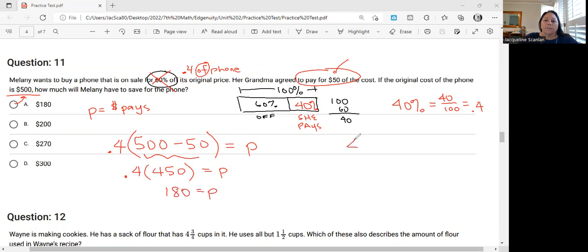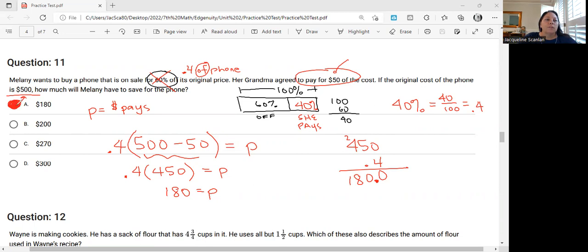I could pull that off to the side and do the math, or use Desmos. 4 times 0 is 0, 4 times 5 is 20, 4 times 4 is 16, plus 2 is 18, decimal point. So this tells me that instead of the phone that originally cost $500, Melanie is only going to have to pay for $180 worth of that phone.